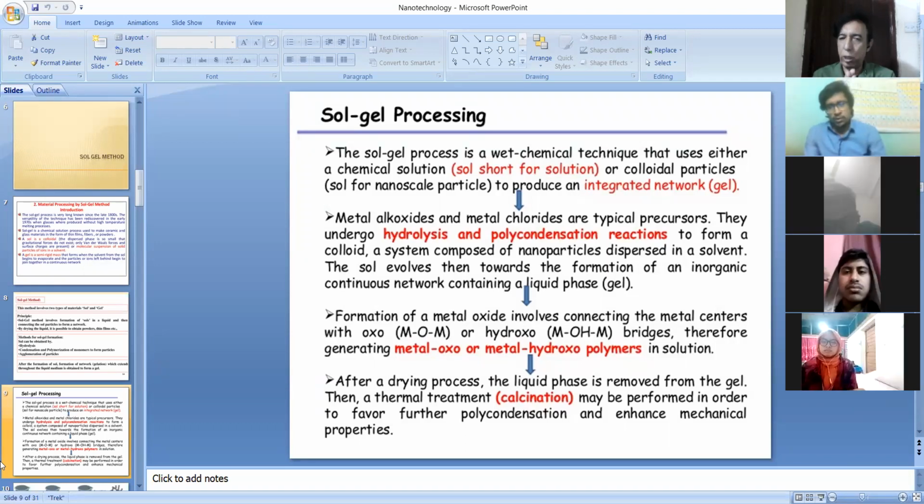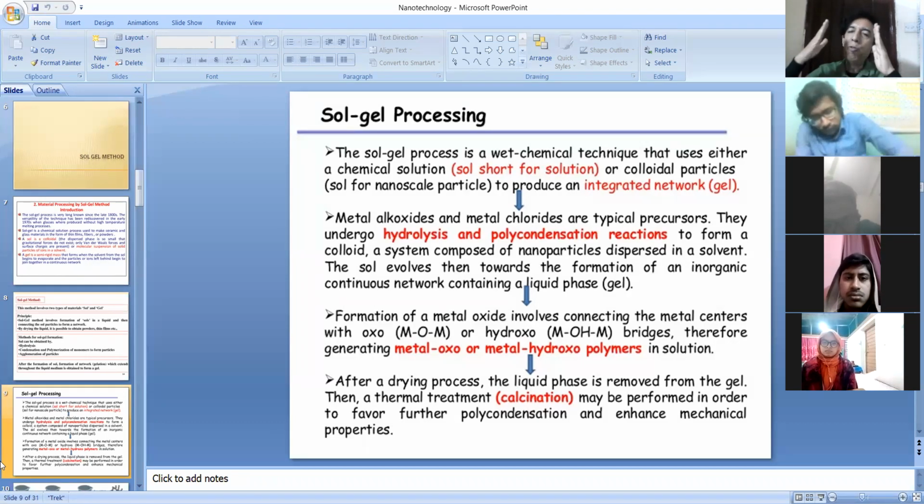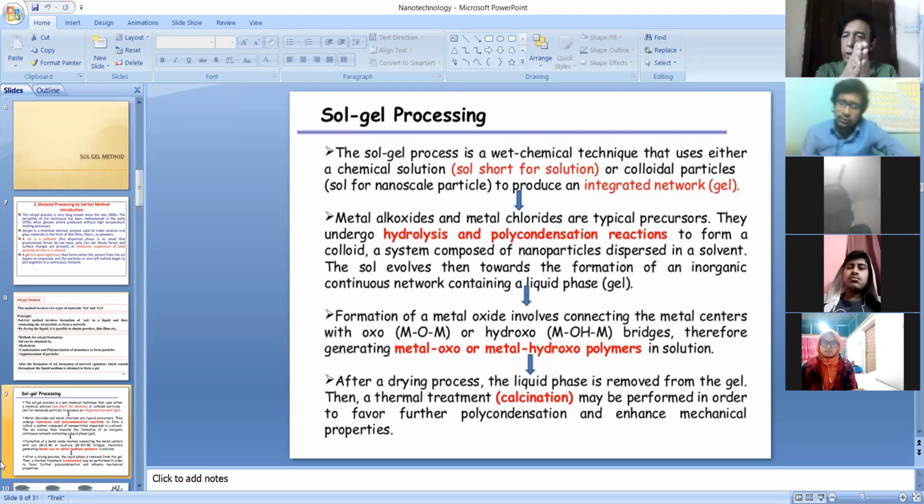Now, how can we prepare the sol? That is the first question. We prepare the sol in situ, there in the beaker where the gel is formed. To form a gel, first we have to prepare the sol. We will prepare the sol by reacting, say for example, A with B. If A and B react with each other, then a compound forms, which is a sol.